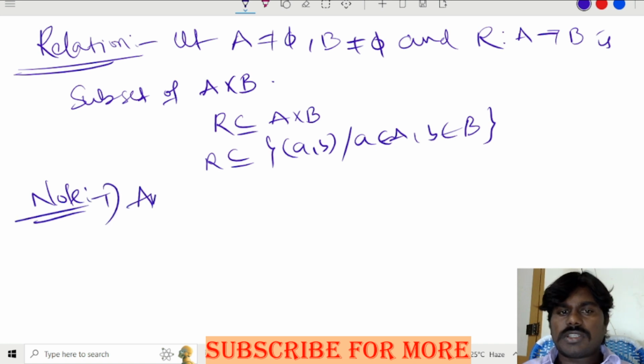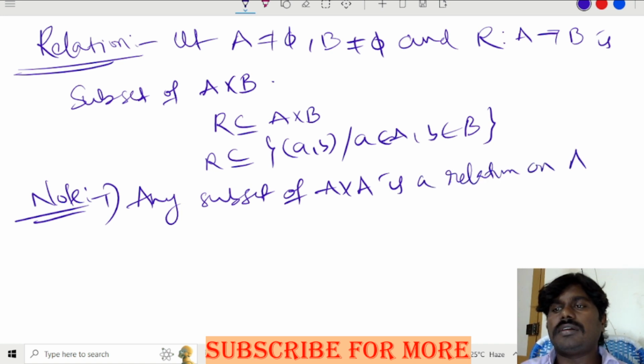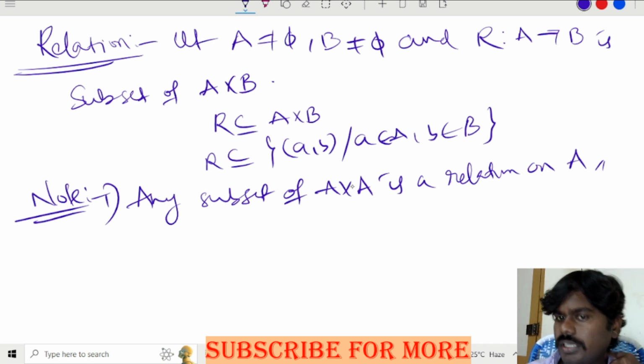Any subset of A cross A is a relation on set A. Any subset of the Cartesian product A cross A is a relation on A.